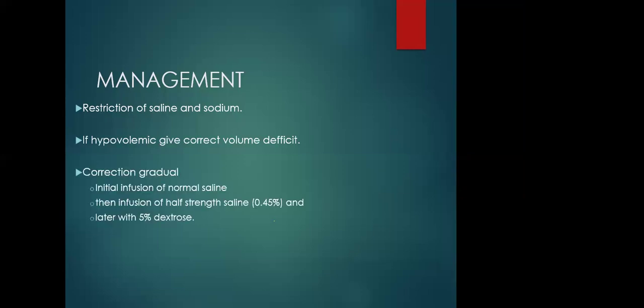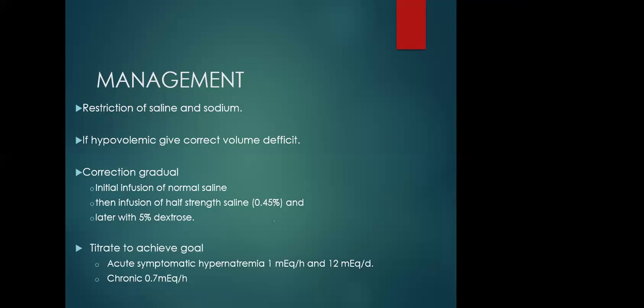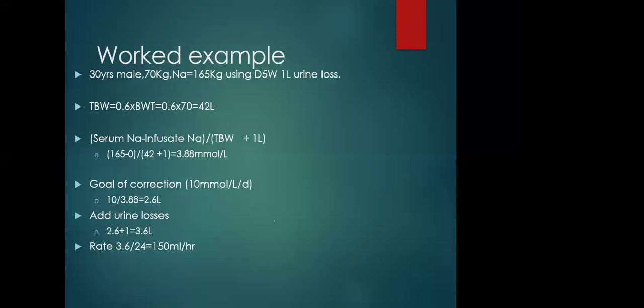And then the correction has to be gradual, initial infusion of normal saline, and then you can do the infusion of half saline like 0.45, and then later we can end up with 5% dextrose. And you have to titrate in order to achieve a goal. In acute symptomatic hypernatremia, the goal is about 1 milliequivalent per hour and 12 milliequivalents per day. And in chronic it is 0.7 milliequivalent per hour.